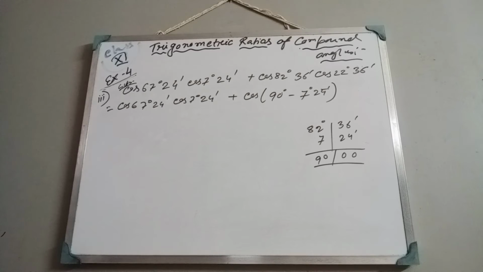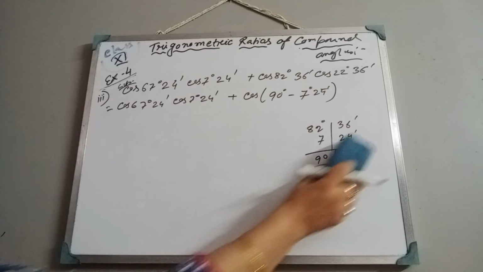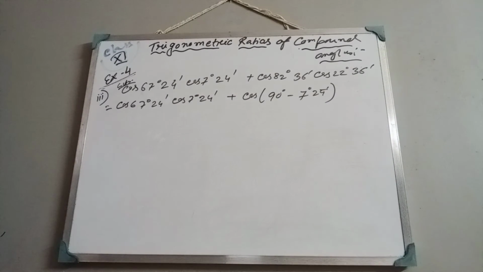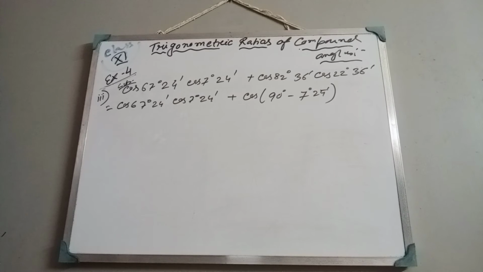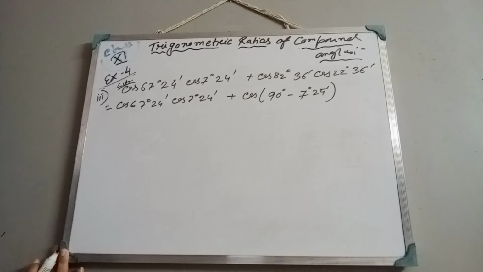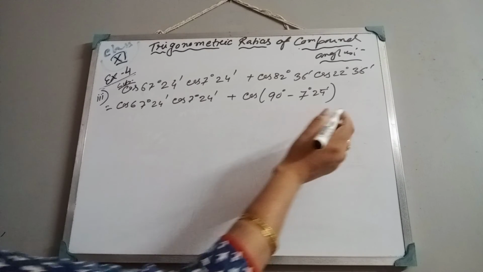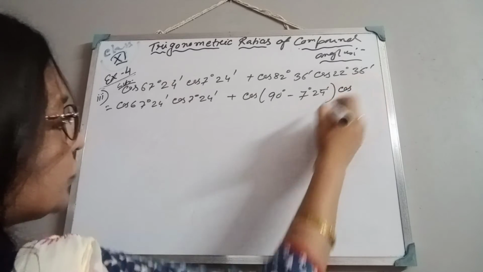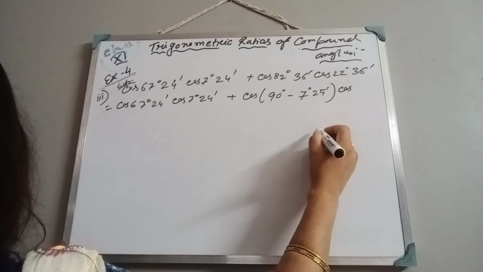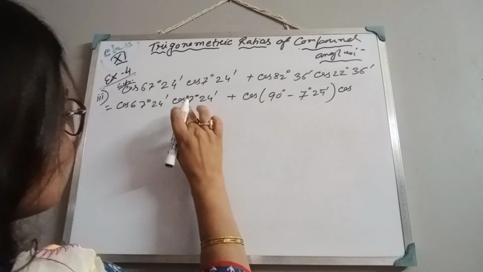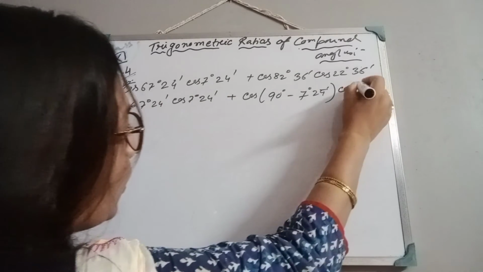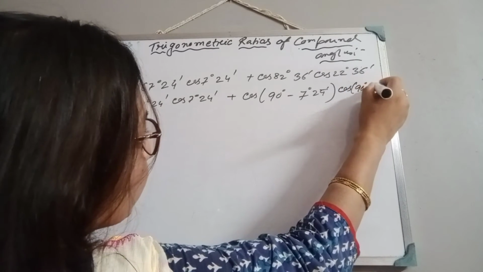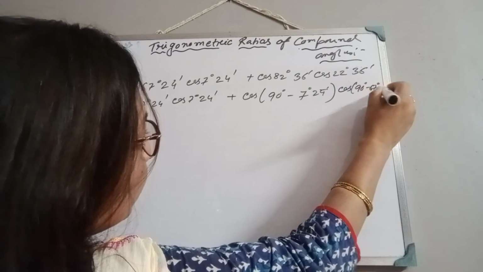And 22 degree 36 minute, same thing we can write. Cos 22 degree 36 minute, we can write as 90 minus 67 degree 24 minute.